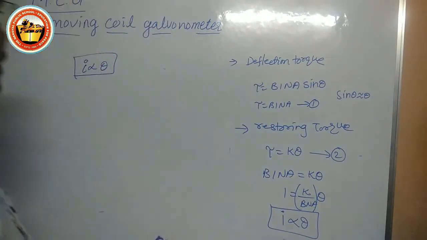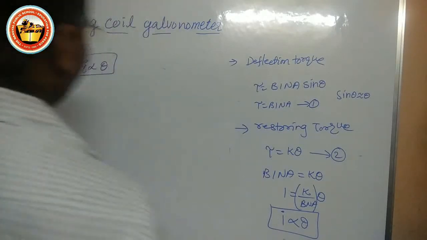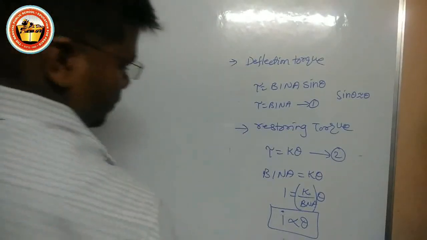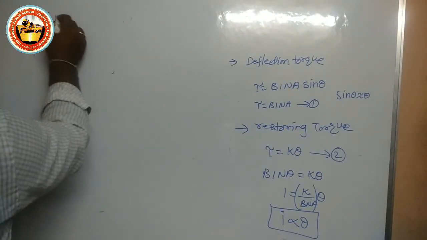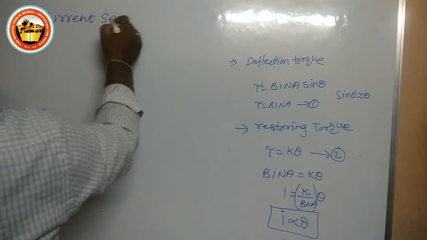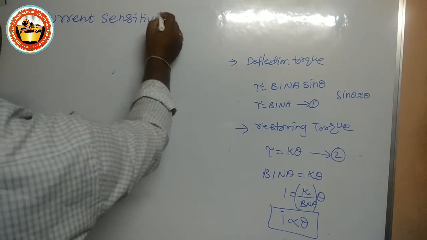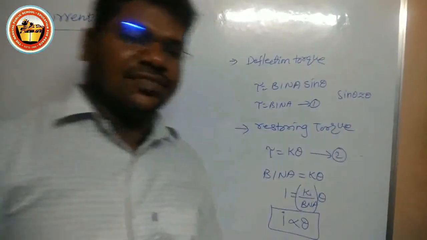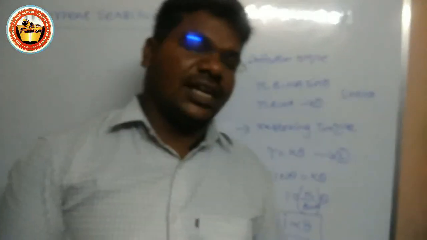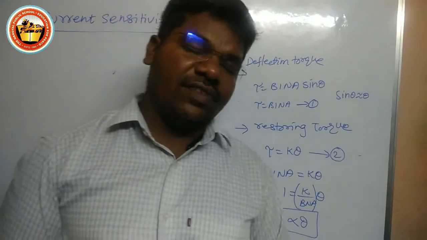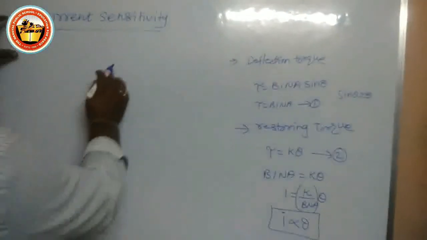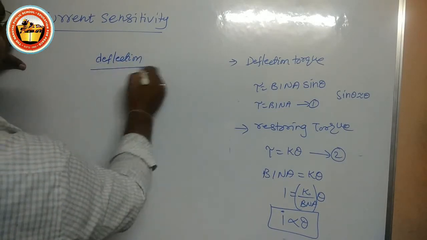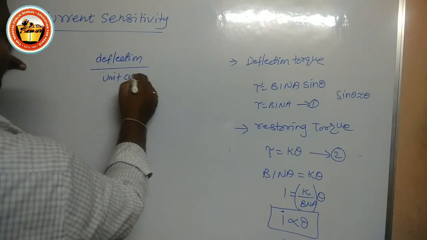Understand? Now coming to current sensitivity and voltage sensitivity. Current sensitivity is defined as deflection per unit current.